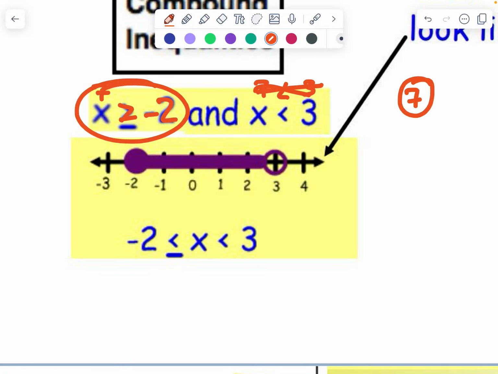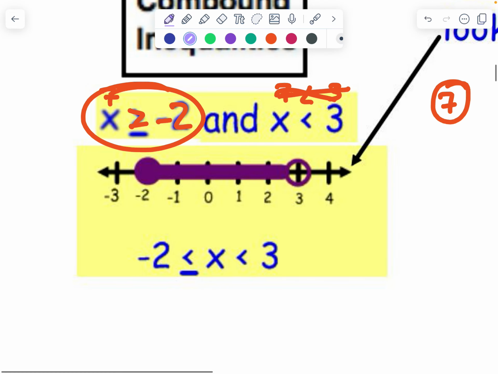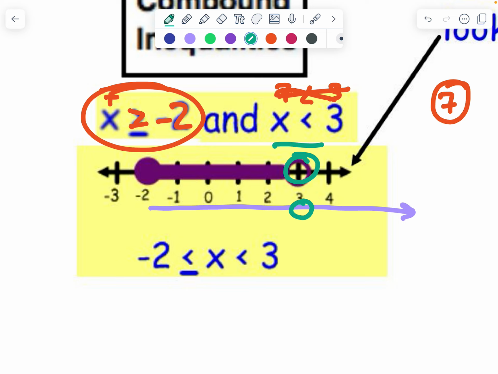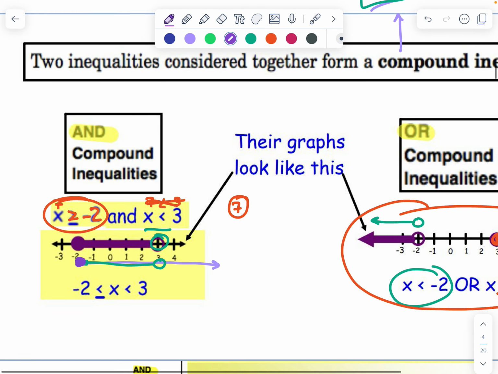So you have to satisfy both, which is why we see this interesting line segment almost. x is greater than negative 2 would be this line that goes on forever, but it gets chopped off at x is less than 3, which is going back that way. And so we get, like I said, kind of a line segment.